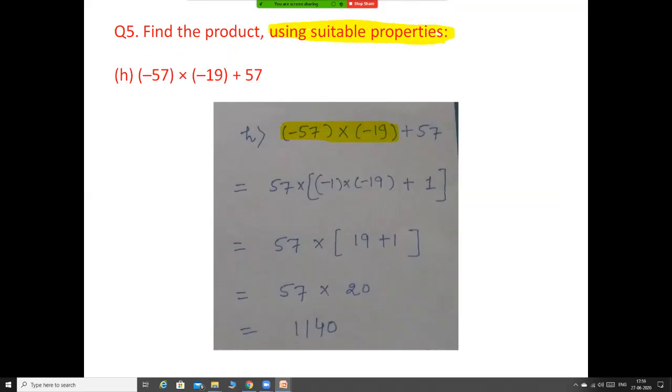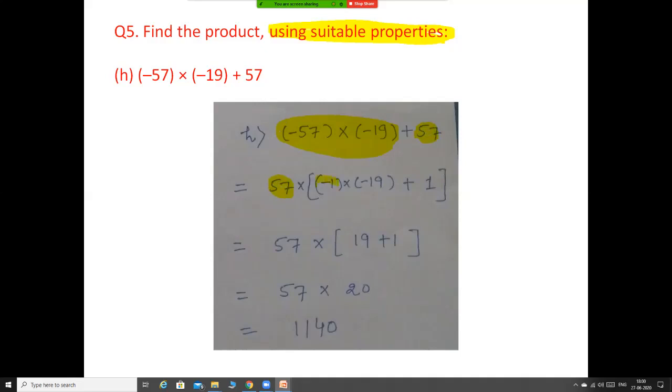Multiplication in between the integers, it means this is one term up to here. And what is the second term? This 57 is the second term, only a single term. So what is common in the two? 57 is here, 57 is here. So writing this outside the bracket, if we take 57 common, this is minus 57.